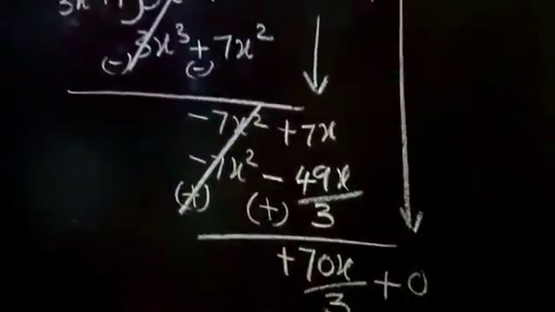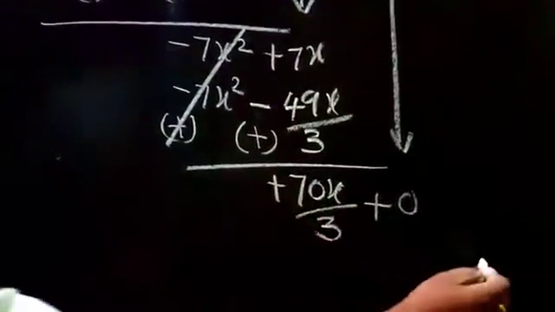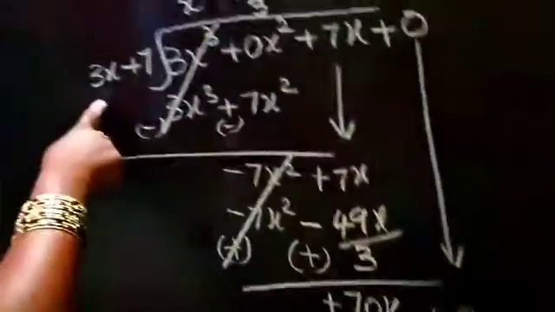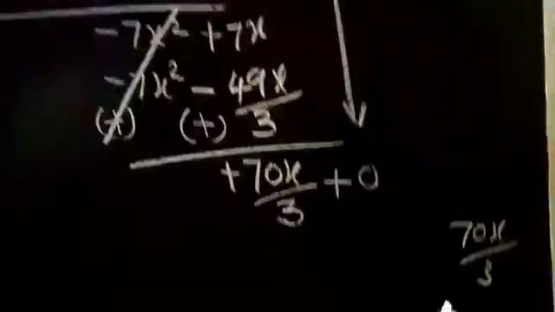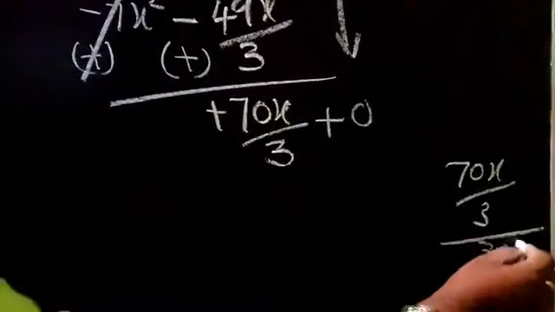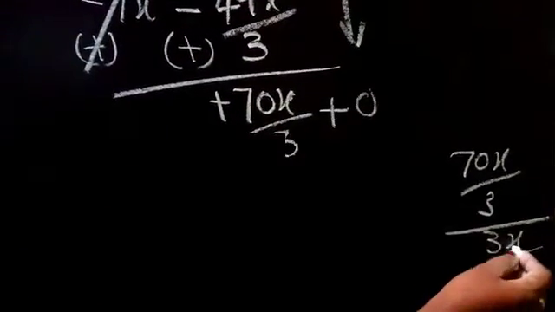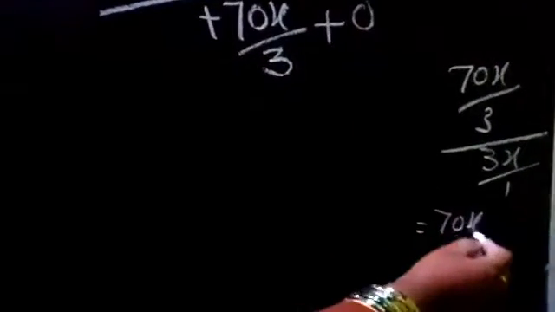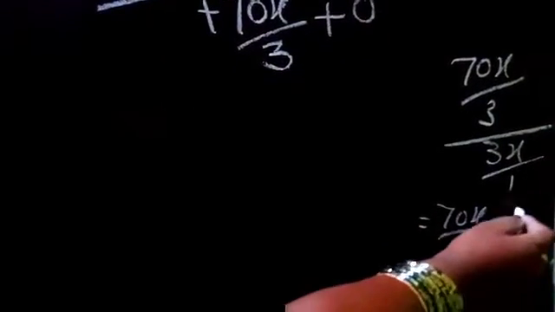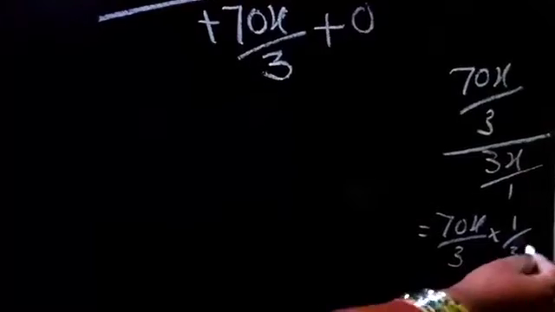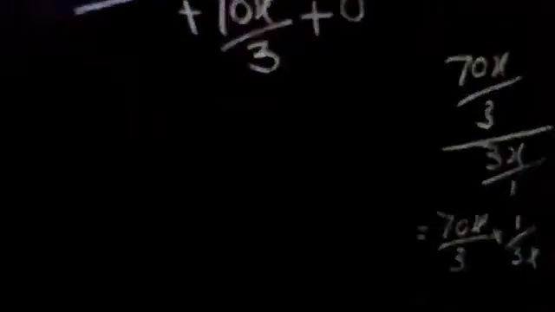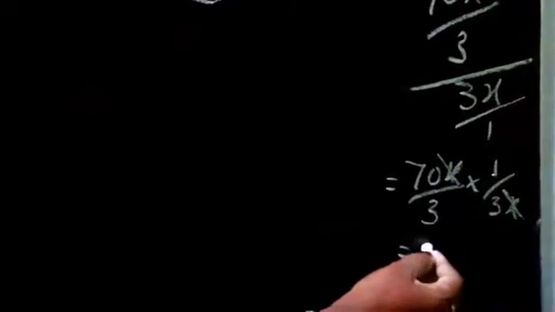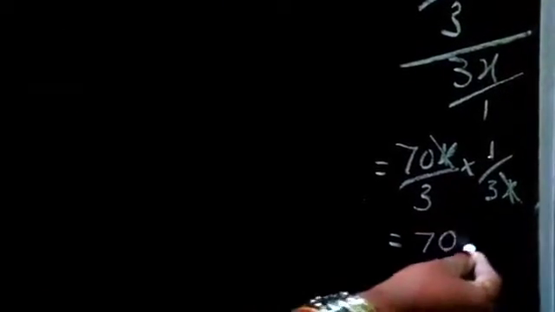Now we have the first term 70x divided by 3. In this the first term we have is 3x. So it is divided by 3x. Actually this 3x divided by 1 is also the same. So here 70x divided by 3 into 1 divided by 3x. So here x gets cancelled. 70 into 1, 70. 3 threes are 9.